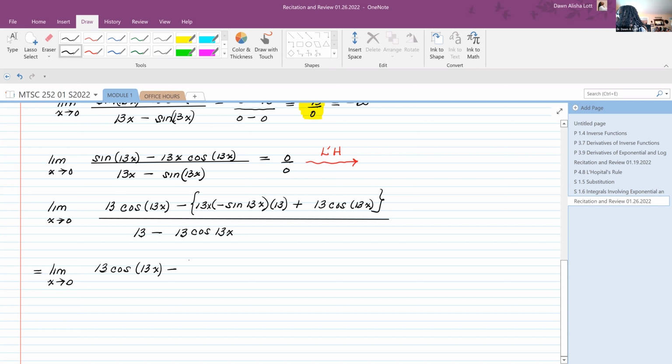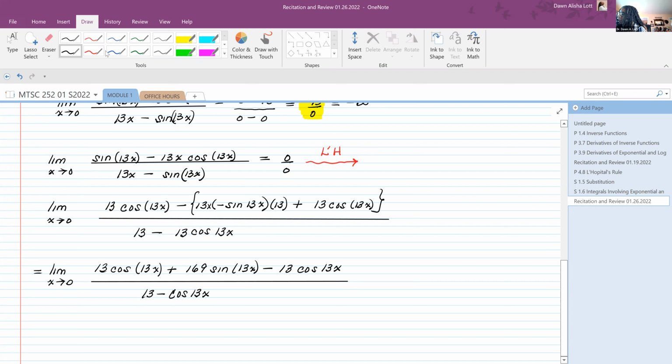So I'm going to get plus 169x times the sine of 13x, minus 13 cosine of 13x, all over 13 minus 13 cosine of 13x.